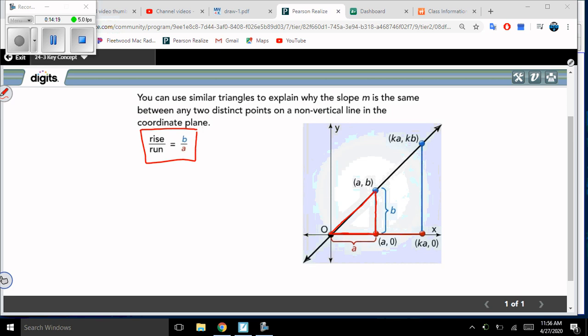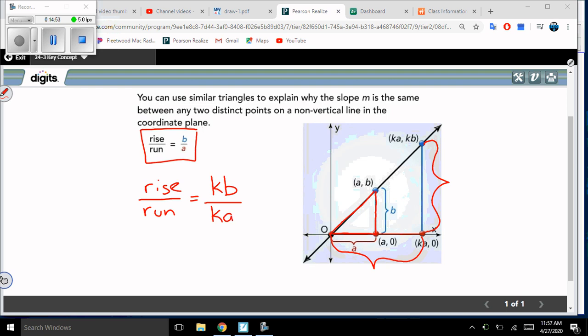But if we dilate it by a number, we're going to have a rise over run, and the rise over run is now going to be what? The distance from here to here is going to be K times B, and the distance from here to here is going to be K times A.